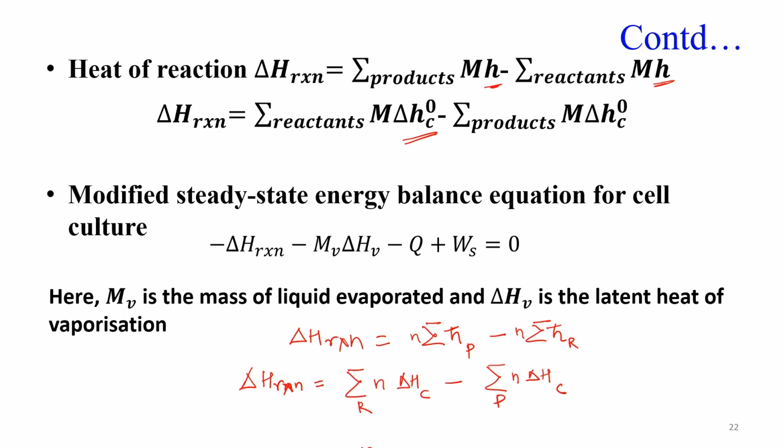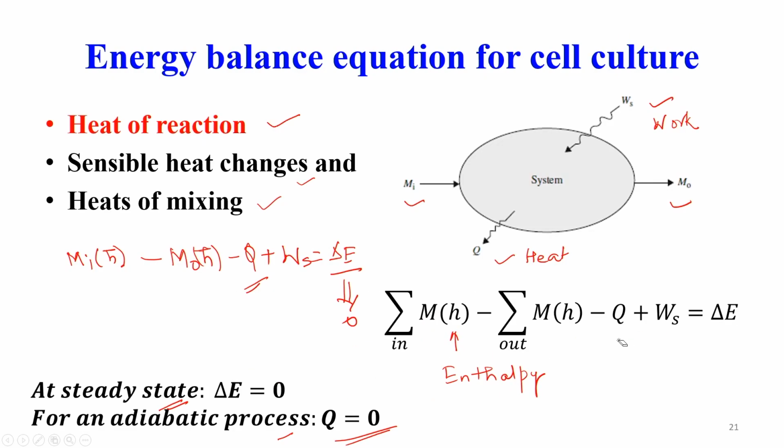So, this delta H is product minus reactant. So, we can write this as minus delta H reaction. In addition, what happens sometimes in the bioprocess, there is a phase change.